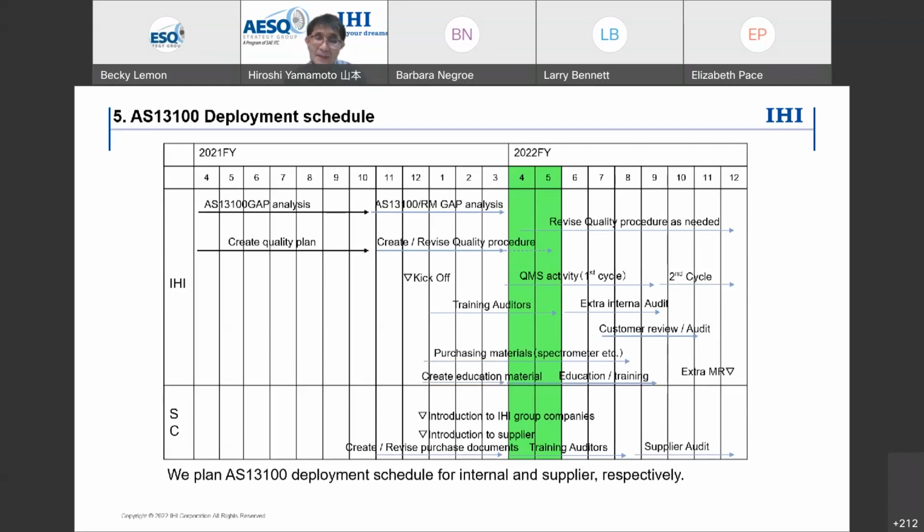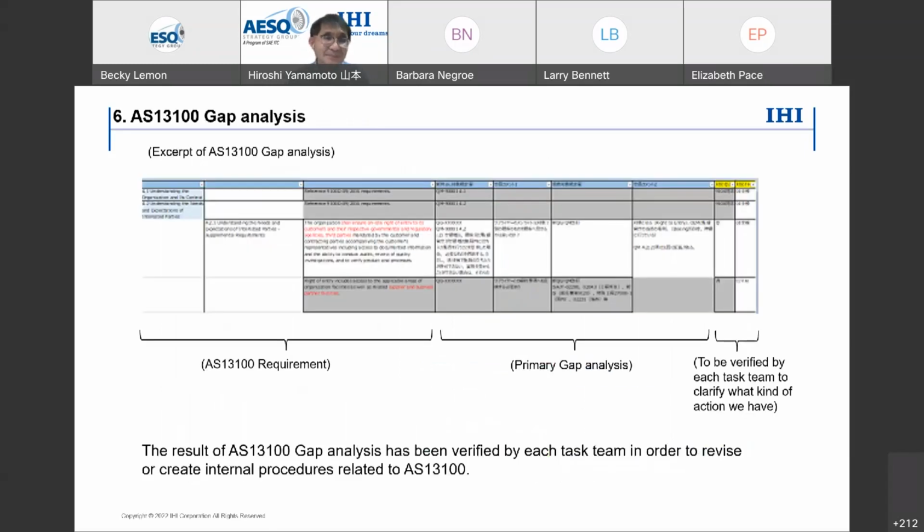And in late May or the beginning of June, we will start the training of the auditors and doing the QMS internal audit. And anyway, our goal is December 2022 this year. And next slide, please. This is one sample of the gap analysis.